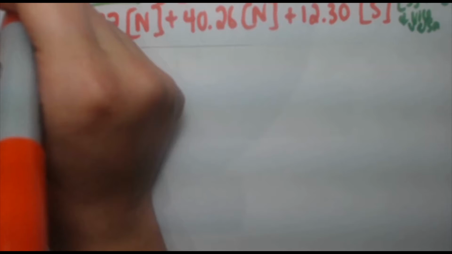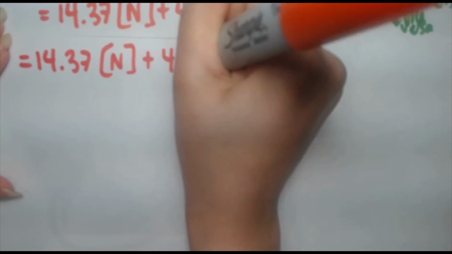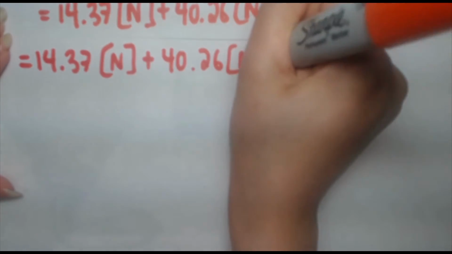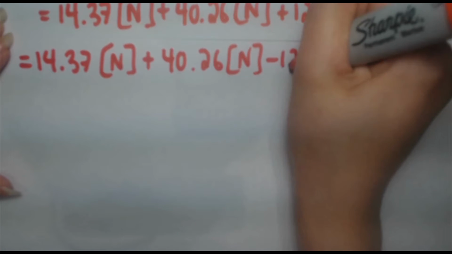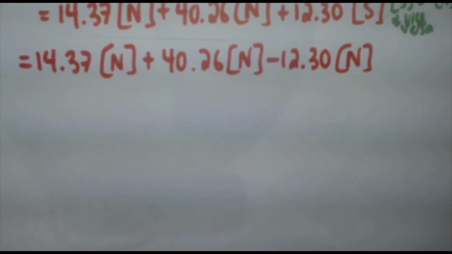Okay, so rewriting this statement, 14.37 north plus 40.26 north minus 12.30 north. So make the plus a minus and replace south with north.